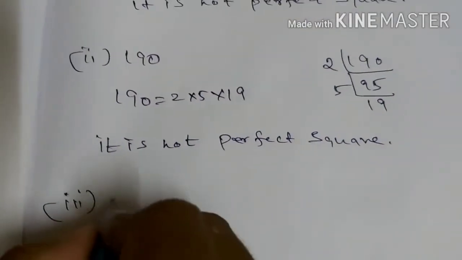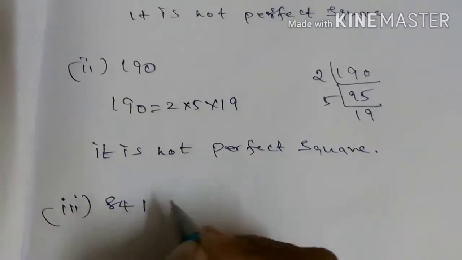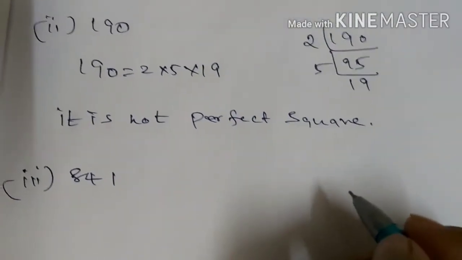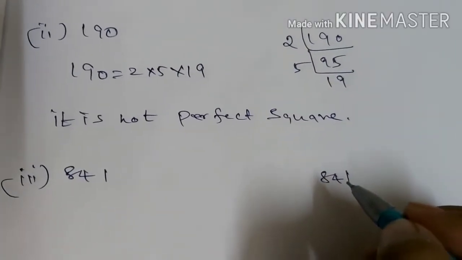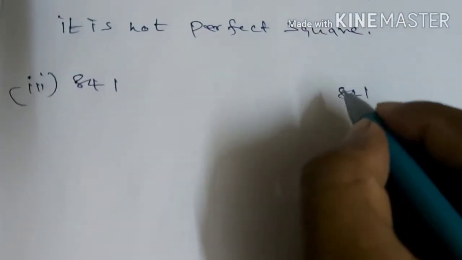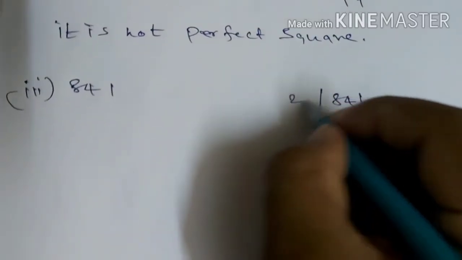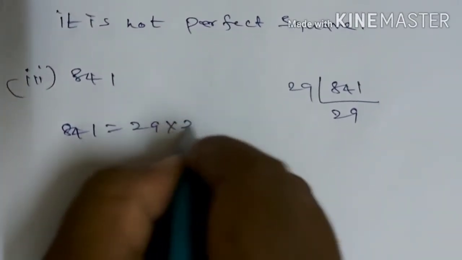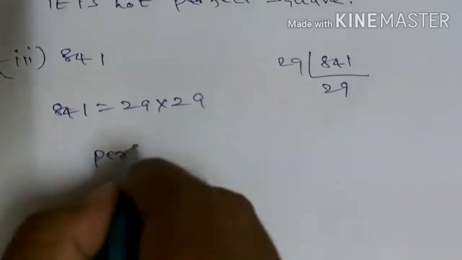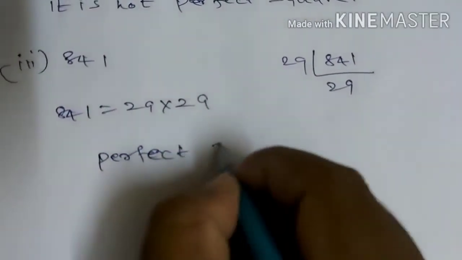Third one, 841. 841 has only one number, no division comes. So 29 multiplied by 29, 841 equals 29 square. So this is a perfect square.